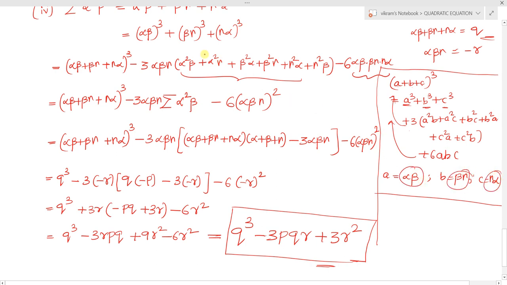Then we'll get the required result as (alpha beta) whole cube plus (beta gamma) whole cube plus (gamma alpha) whole cube is (alpha beta plus beta gamma plus gamma alpha) whole cube minus 3 times of alpha beta gamma into summation of alpha square beta, minus 6 times of (alpha beta gamma) whole square. Then you will get the required result. So these are the problems related to alpha beta gamma, roots of a cubic equation. The next problem will come with more problems.